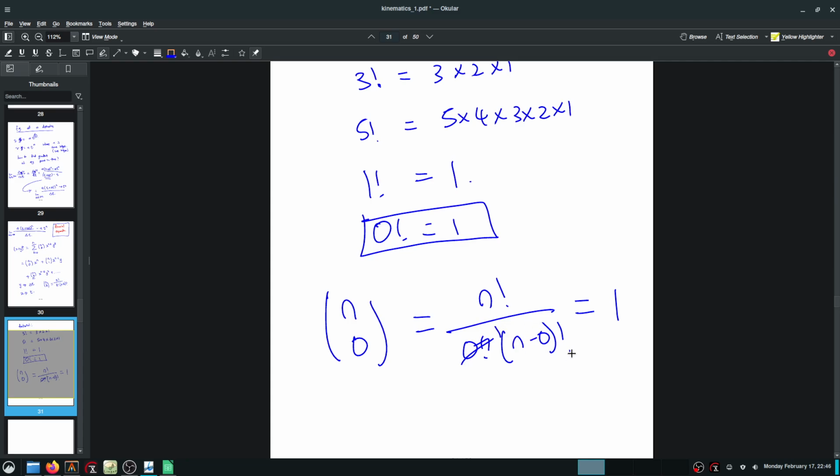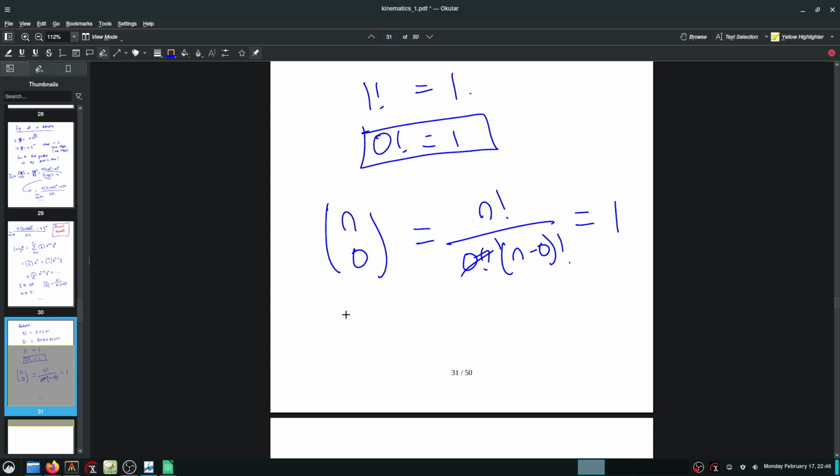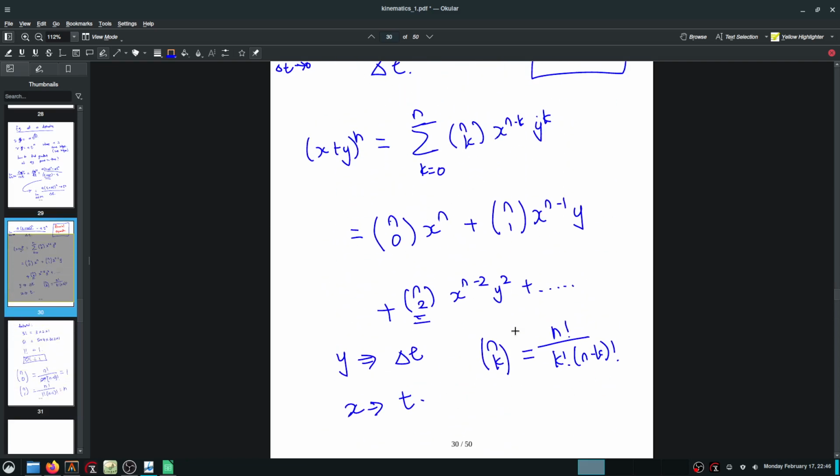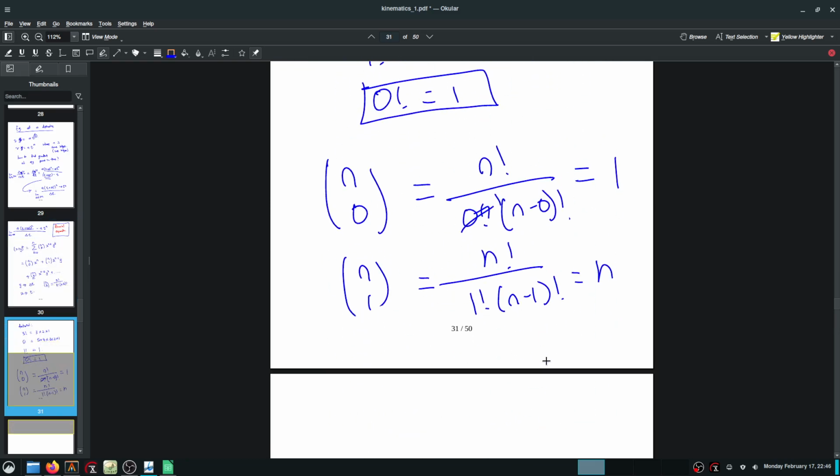So n factorial over n factorial is just 1. Very easy. Let's do the next one: n factorial over 1 factorial times (n minus 1) factorial. 1 factorial is 1, so n factorial over (n minus 1) factorial is just n. So 6 factorial over 5 factorial is just 6. That's the example.